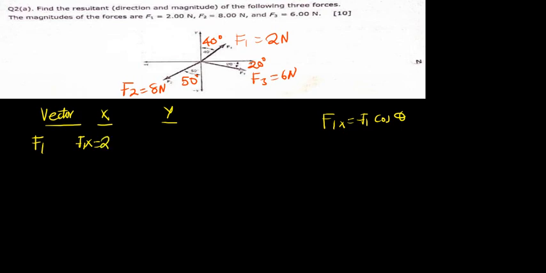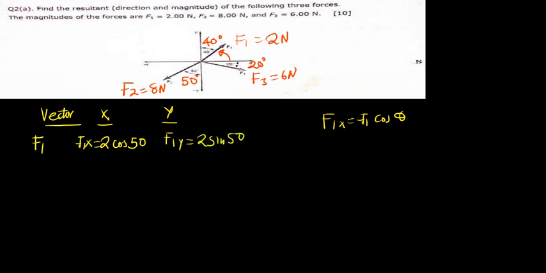Now the angle should be the angle from the positive x-axis, so the angle we're interested in is from here up to here. We've been given the other one. How do you find that angle, since we've been given 40? Yes, that would be 90 minus 40, which is 50. And then F1y is going to be 2 sin 50.